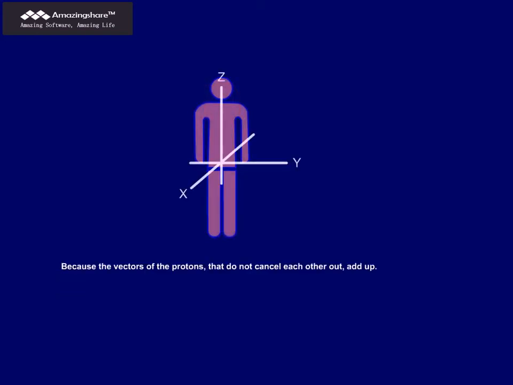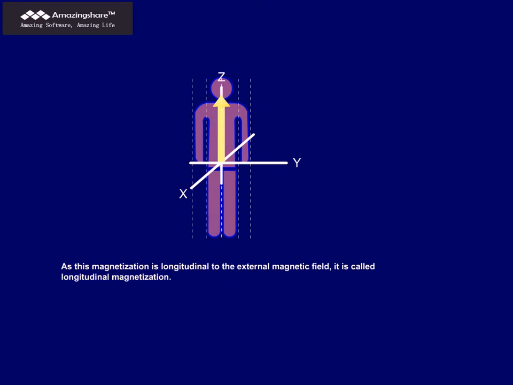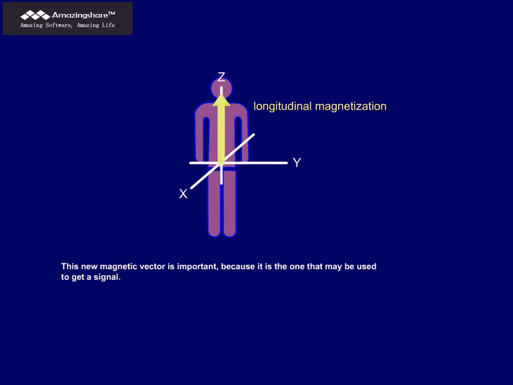Because the vectors of the protons that do not cancel each other out add up. As this magnetization is longitudinal to the external magnetic field, it's called longitudinal magnetization. This new magnetic vector is important because it is the one that may be used to get a signal.